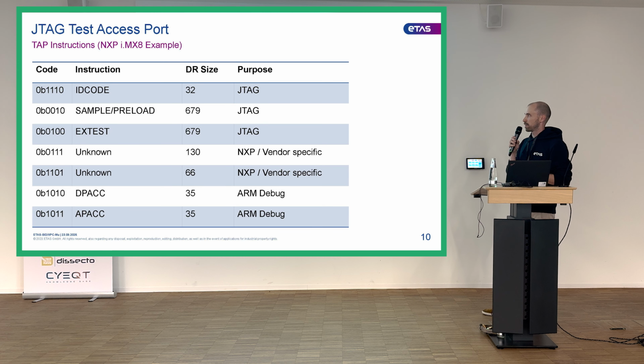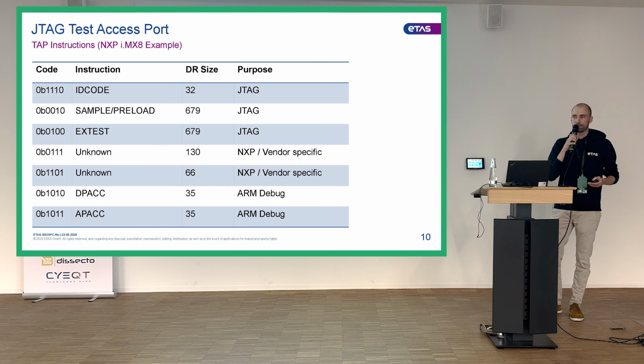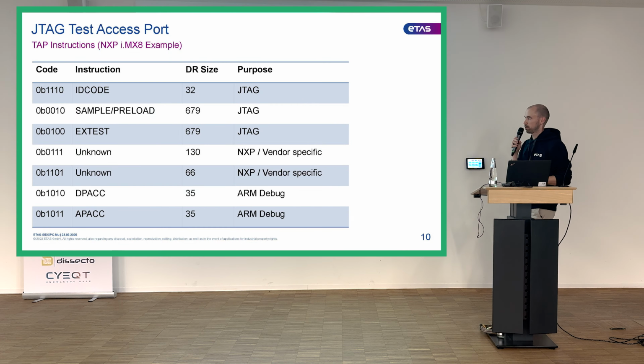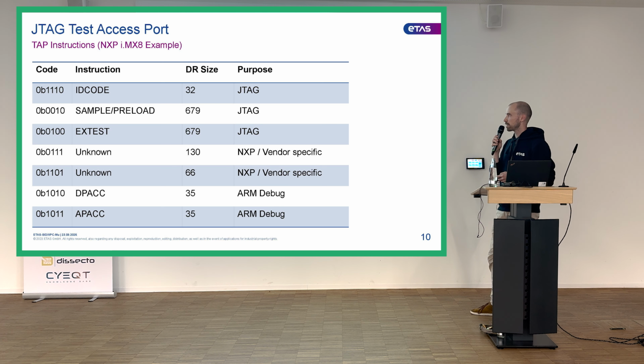This is why they have such large data registers, because every bit in this data register corresponds to a single pin of my chip. And so I can control every single pin of the chip or read every single pin of the chip. Of course, this only happens digitally, so I can't read an analog value, but only a digital value because I only have a single bit for each.